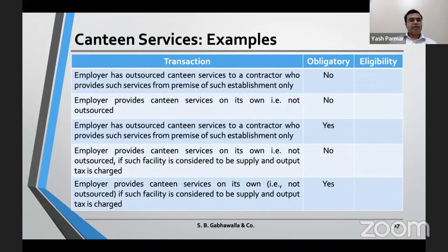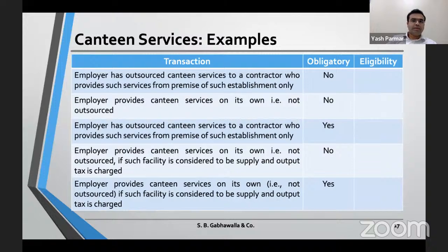Now, with this background, we'll discuss a few examples on blockage of ITC for canteen services which are provided by an employer to their employees. Now, in the first case, the employer has outsourced canteen services to a contractor who provides such services from the premises of such establishment only.